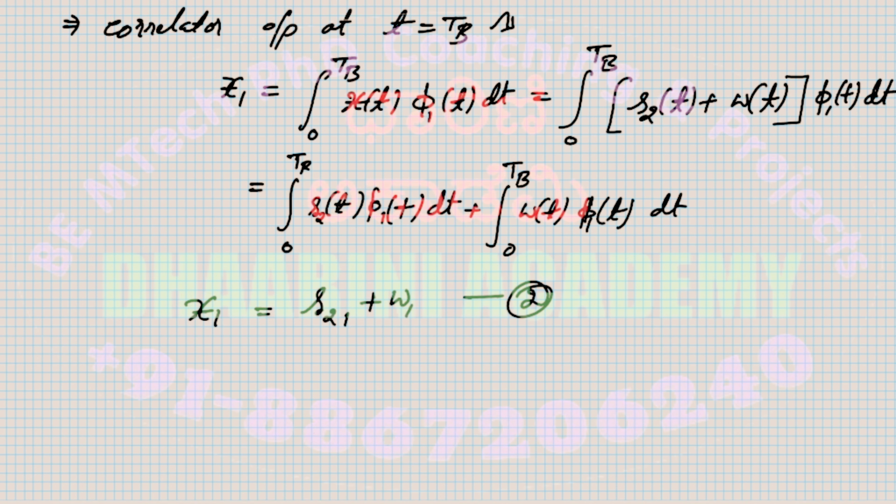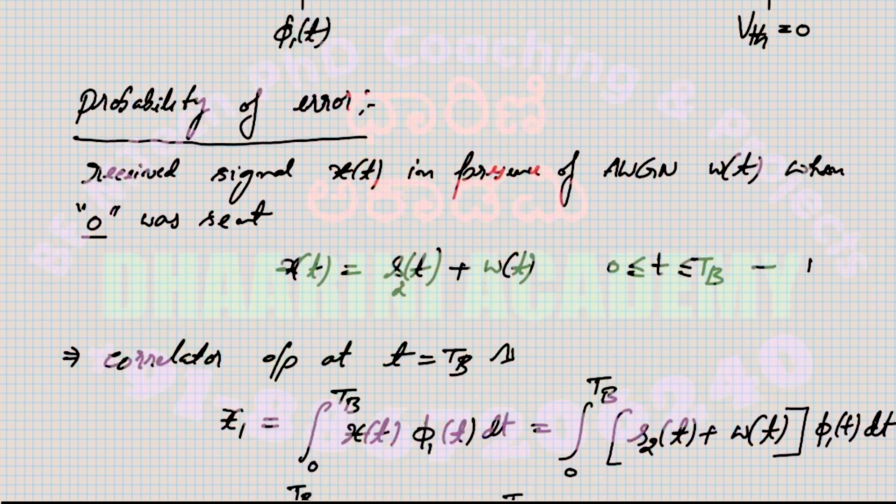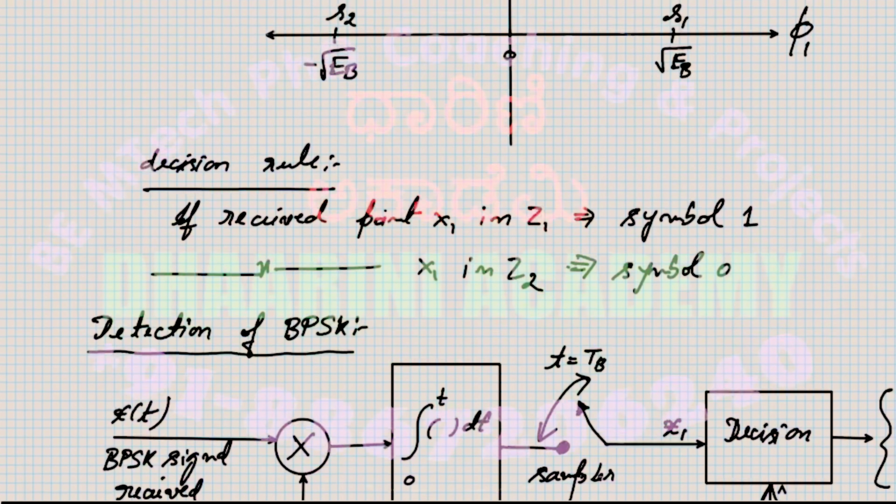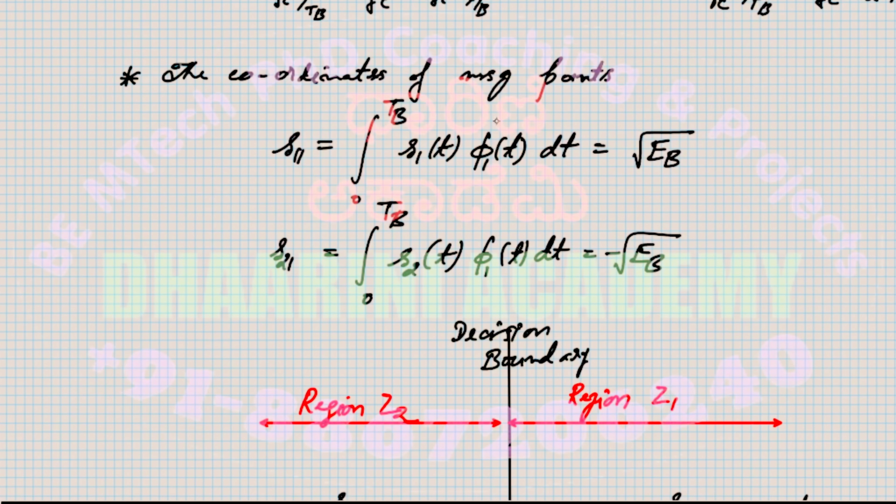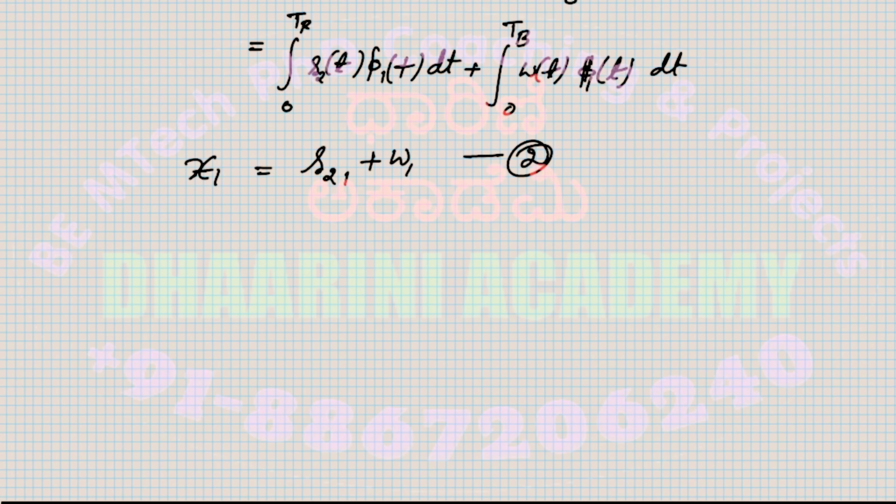We have calculated that part, so let's quickly go back and check the value of S21. So S11 is root EB, S21 is minus root EB. So I can directly substitute, so I'll write that is equal to minus of root EB plus W1. Now you call this equation number 2.